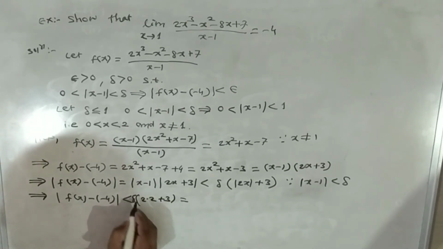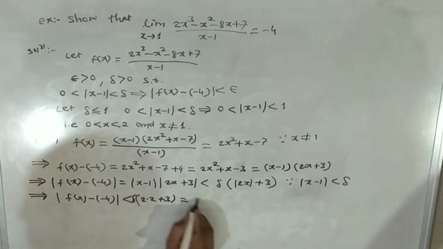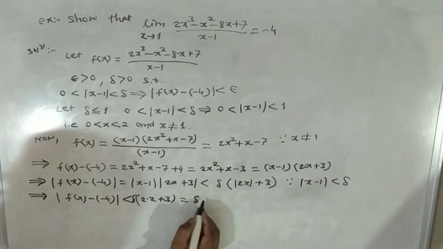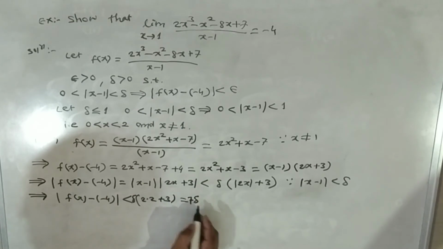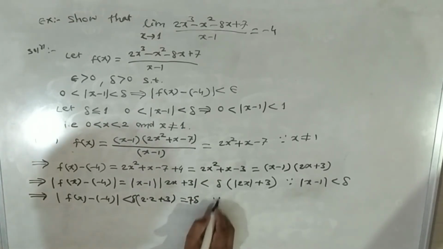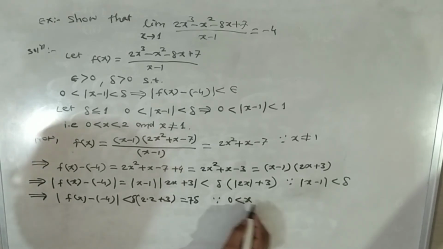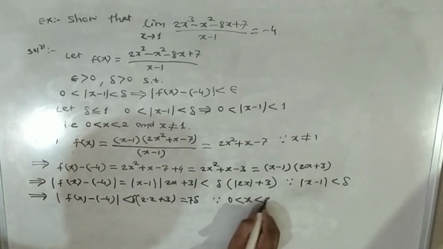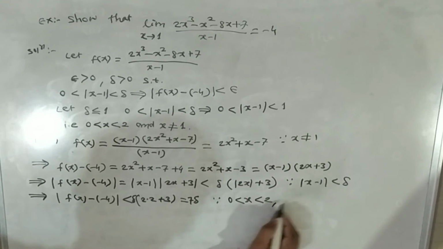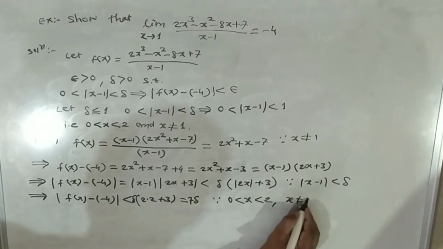This is the delta here, delta into 7 means 7 delta, if 0 is less than x and x is less than 2 and x is not equal to 1 again.